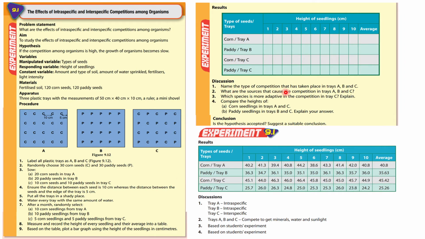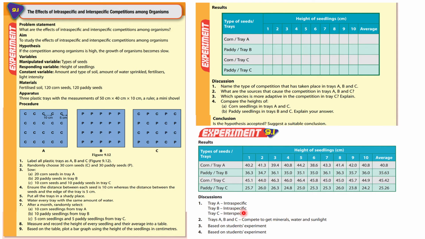Name the type of competition that has taken place. Okay, for tray A, look at it, all C, so that means all of the same species, so they are intraspecific. The same goes for P, tray B, all P here, meaning all the paddy seeds are in the same tray. Also, what kind of competition?